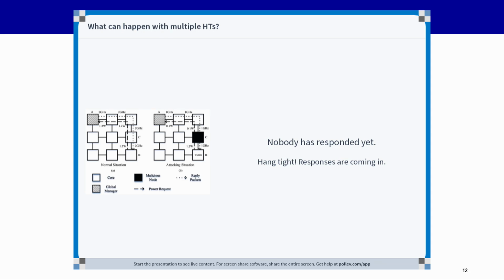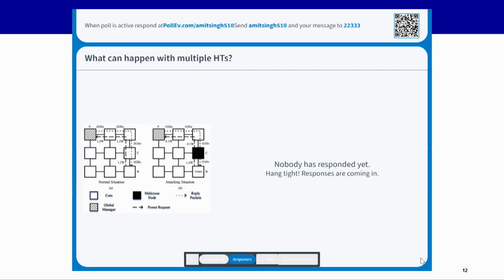Okay, so there we saw there was one hardware Trojan. Now I have put a question: what do you think can happen if there are multiple hardware Trojans? Let's say this one also has a hardware Trojan, and this one also has a hardware Trojan.